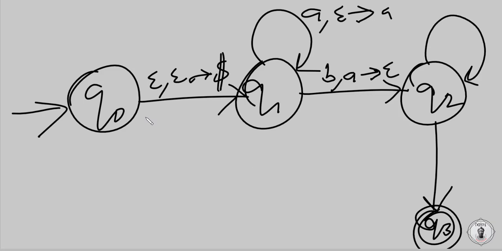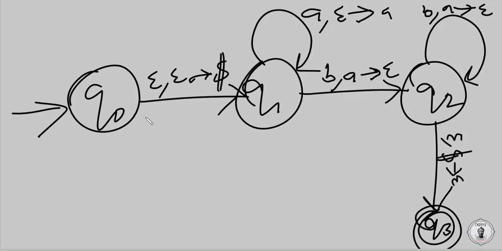So I'm going to say B, A, then pop it. And lastly, I want to say if it's epsilon and I have my $ sign, then I want to pop the epsilon, and that brings me to the final state.